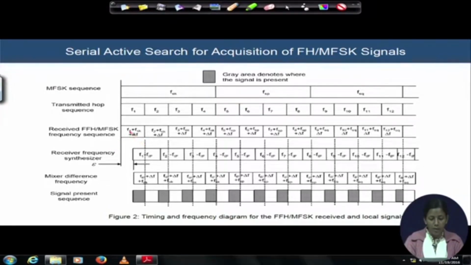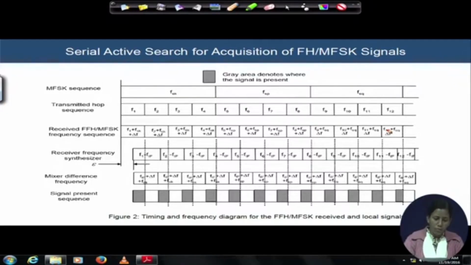The received FFH MFSK signal will be governed by the FSK plus F1 plus some delta F contributed by the Doppler effect, which comes between transmitter and receiver if any one of them is moving or both of them are moving. We understand that if the speed is constant for the receiver or the transmitter, then the Doppler frequency is assumed to be added in a constant fashion in each and every received sequence interval.